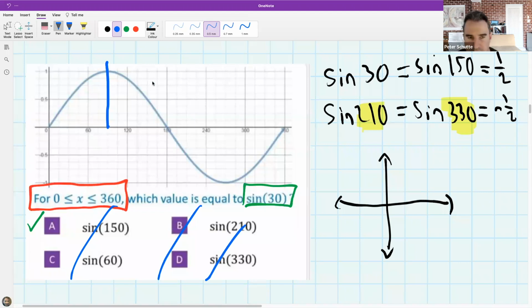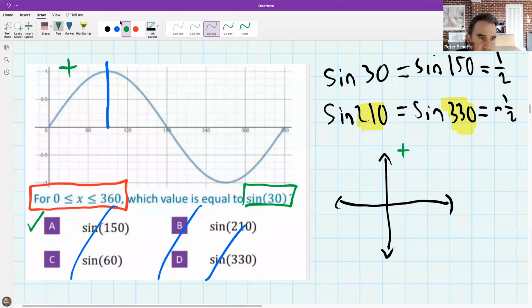What do you think? Put in the chat, positive or negative. So it looks to me like it is positive. Yeah. So if we were imagining the CAST diagram, if this was the first quadrant, 0 to 90, we'd say sine would be positive in this quadrant.